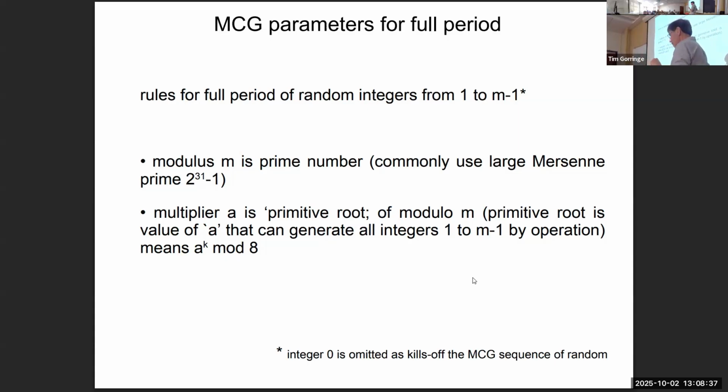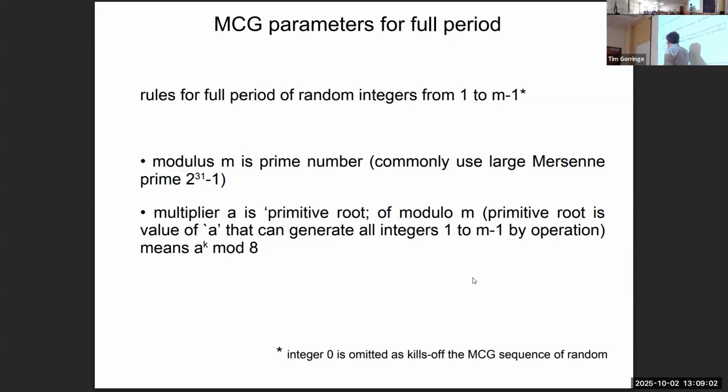We know what a prime number is, right? 3 and 7 and so forth are prime numbers. It can't be divisible by factors other than one and itself. But what's a primitive root of this prime number?